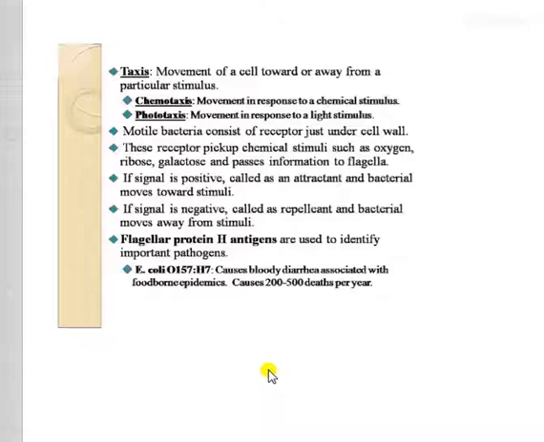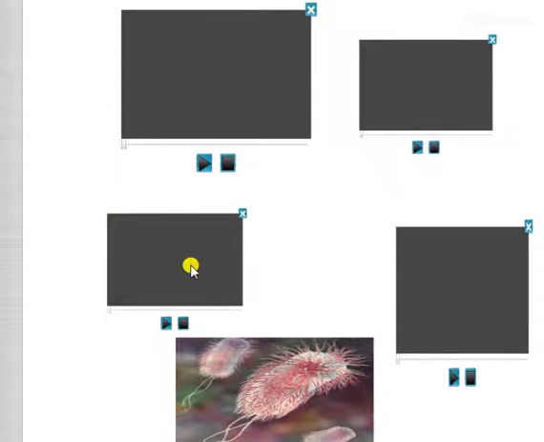When the bacteria come to know that there is a dangerous or harmful environment for their growth or survival, they will move away from that signal. When the signal is positive, it is called an attractant, and the bacteria will move towards that stimulus. If the signal is negative, it is called a repellent, and the bacteria will move away from that stimulus.